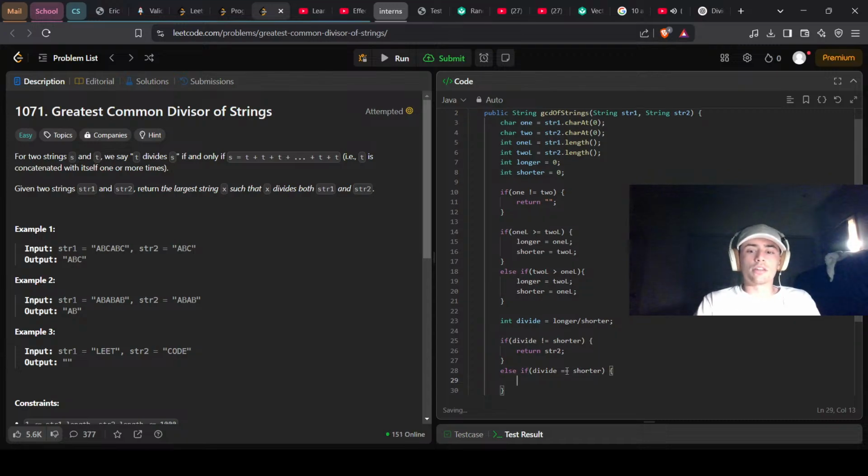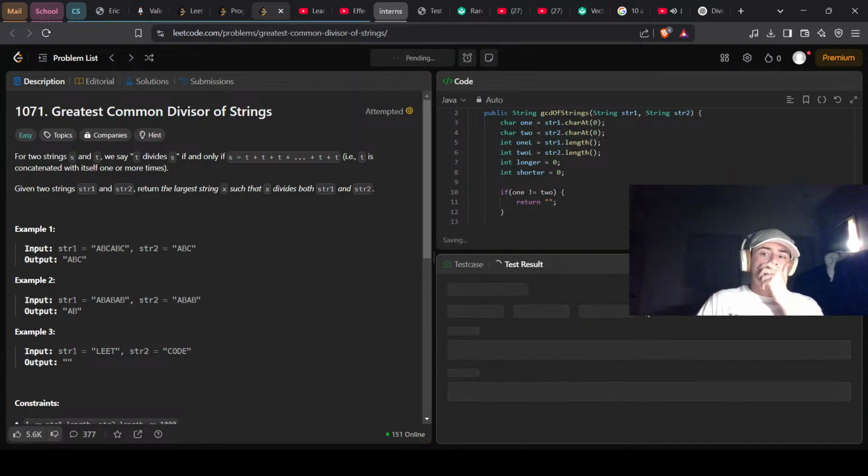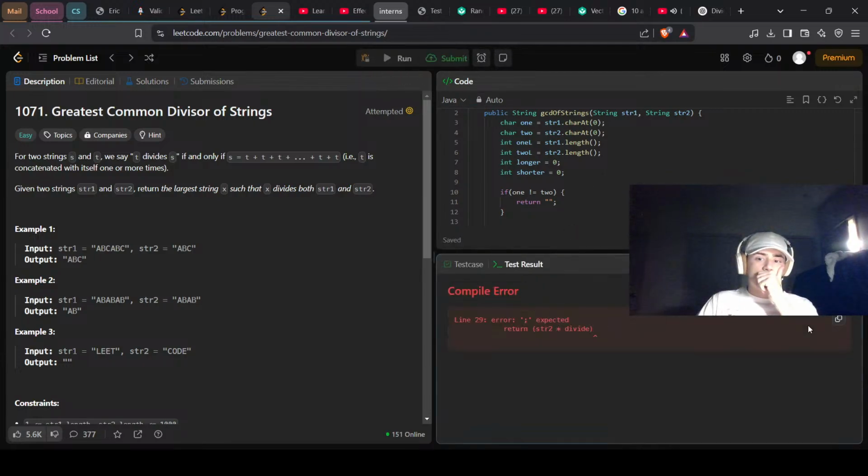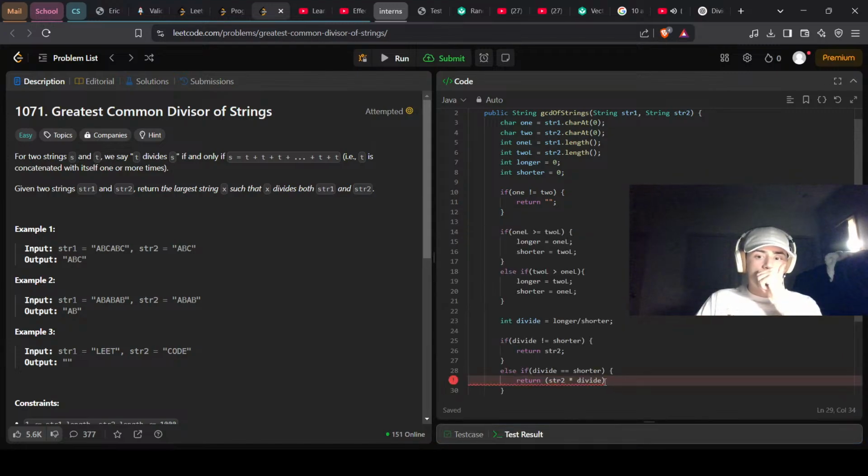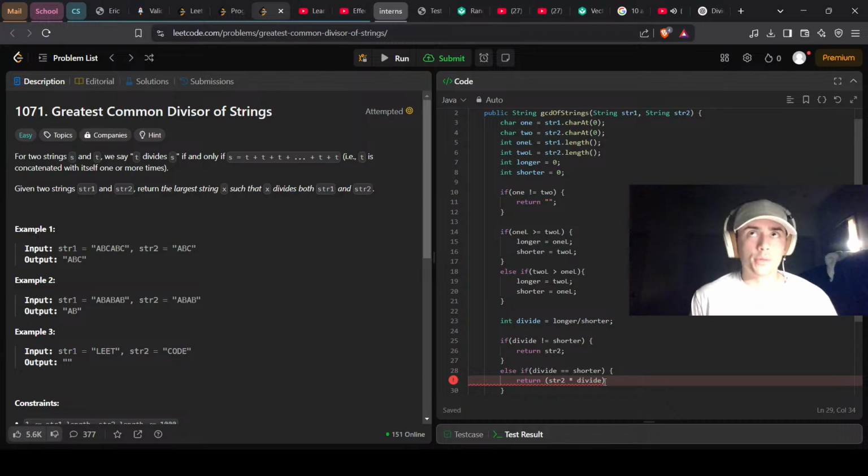Now if they equal each other, can I multiply it? Is that right? Here we go. I don't know how many.